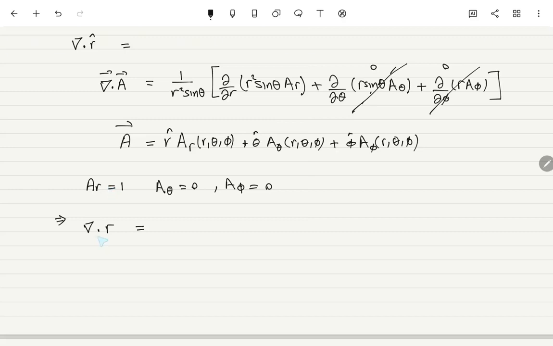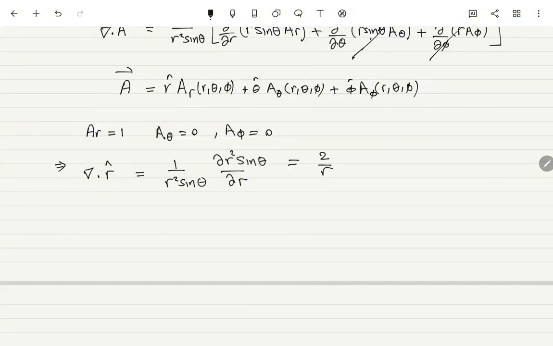So divergence of r hat is equal to 1 over r squared sine theta partial of r squared sine theta partial r, which equals 2 over r.